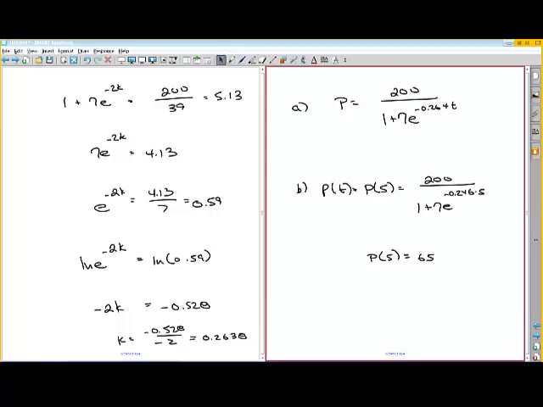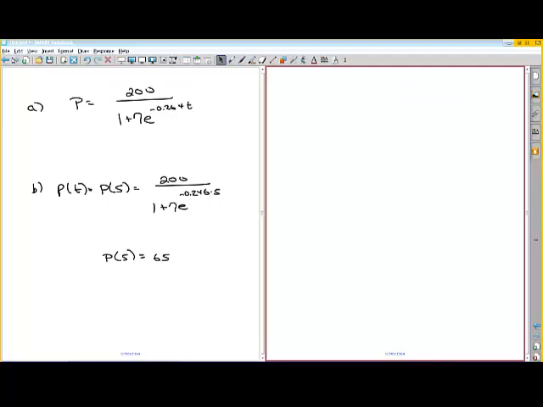Okay. Excellent. When will the population reach 100? So we put population of 100 in there, we get 200 over 1 plus 7e to the minus 0.246 times t, and we solve for t. So we're going to switch the numerator and the denominators from the two sides.